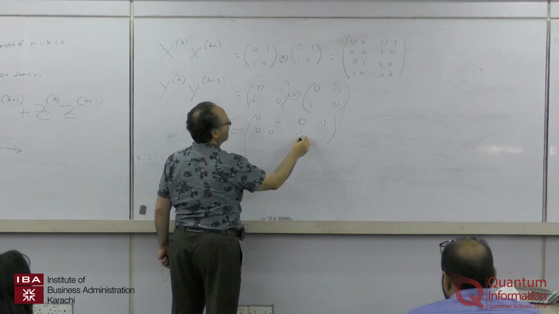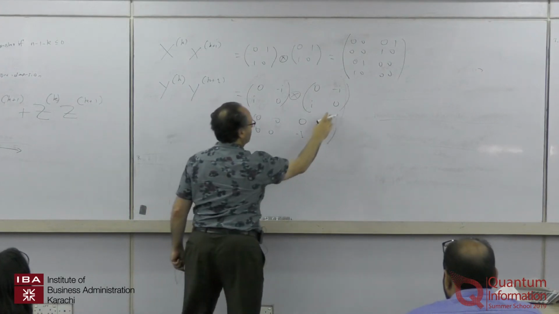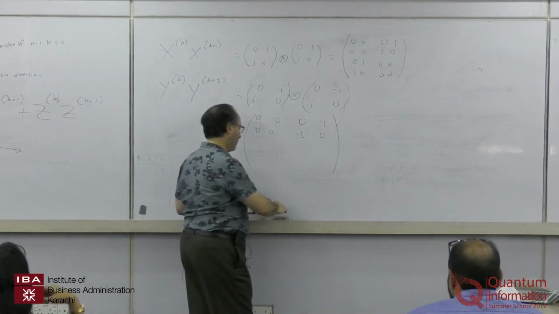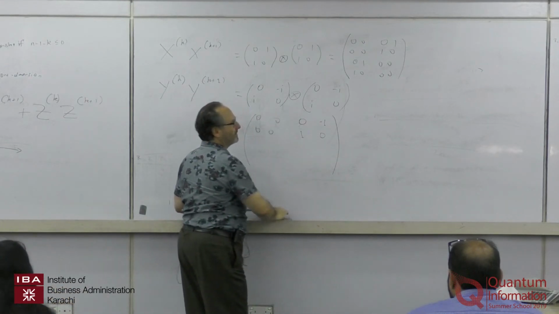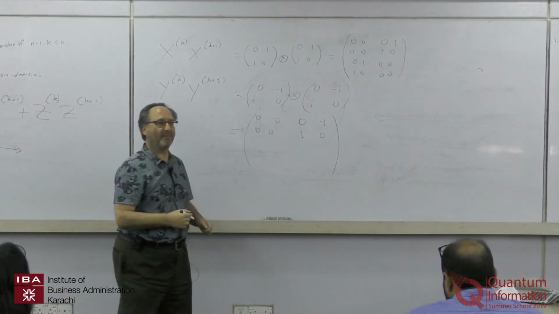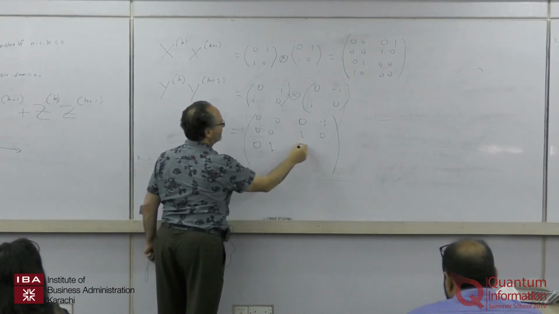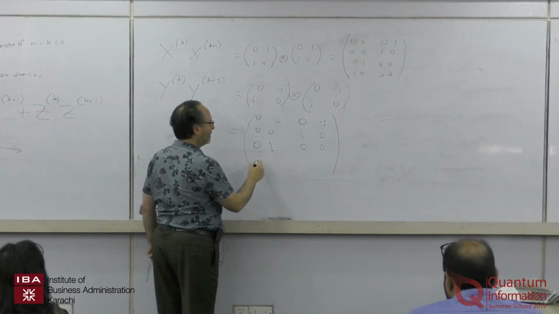Minus 1? No, sir, plus 1. I'm only a secretary, so if he says minus 1, I write minus 1. Yes. Okay. Next one: 0 1 0 0, 1 0 0, minus 1 0 0 0.